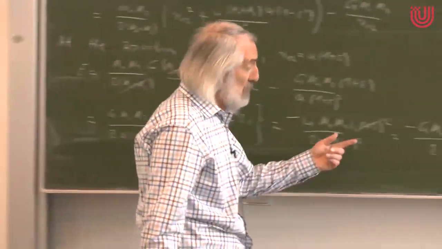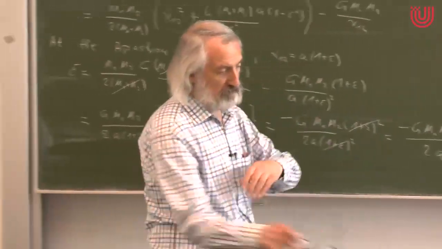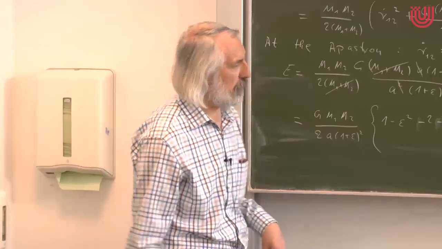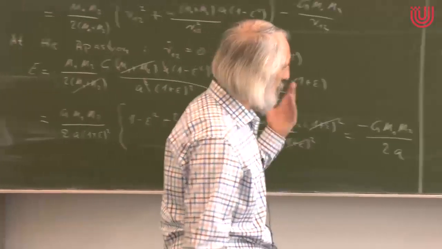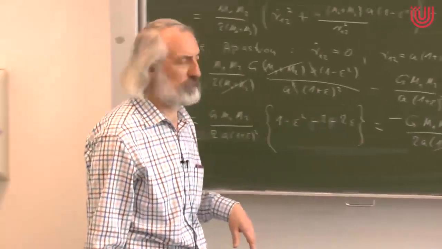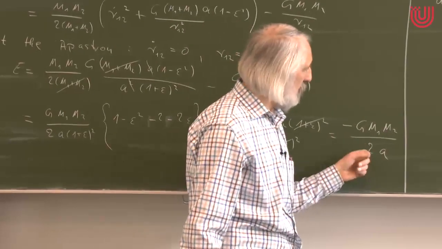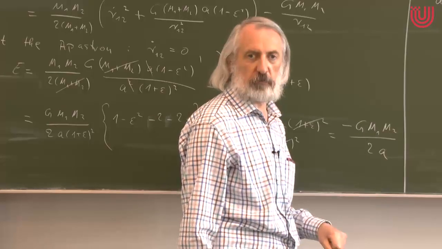Of course, you might say, why not say M1 and M2 change? But we are talking about Newtonian bodies, not some kind of nuclear fusion or nuclear fission or something like that, where really rest masses are transformed into other forms of energy. So for such a mechanical system, the only way in which the energy could change would be a change of the A, right?